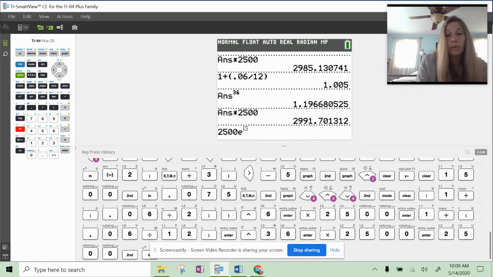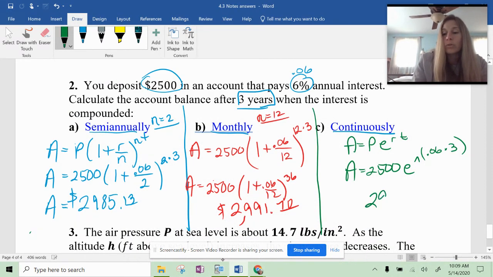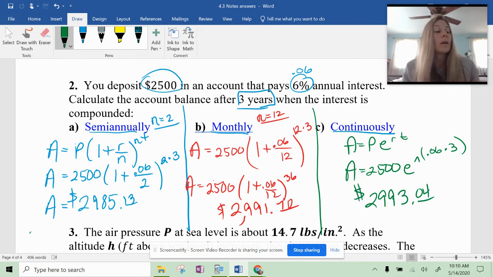Now, if your calculator raises, you don't even need parentheses, but if it doesn't, put the parentheses, and you're going to need 0.06 times 3 for the 3 years, and you end up with 2993.04. As you can see, the more frequently that interest is applied, and continuous would be the most frequent possible, you would earn the most money back.